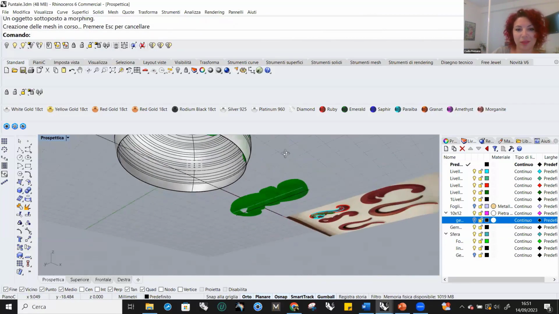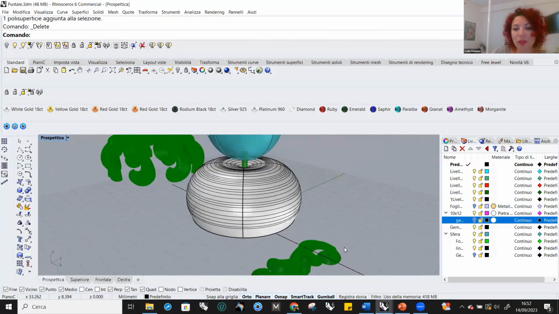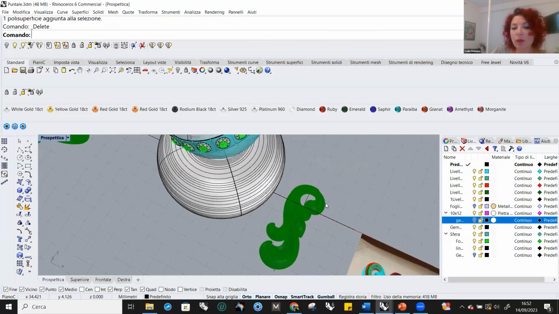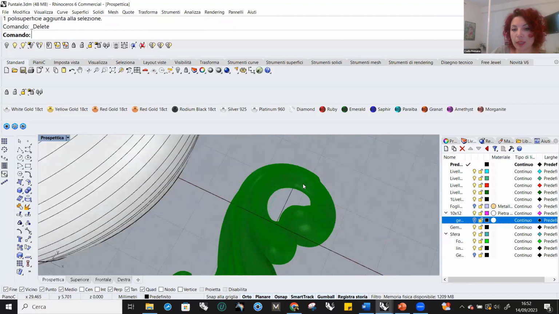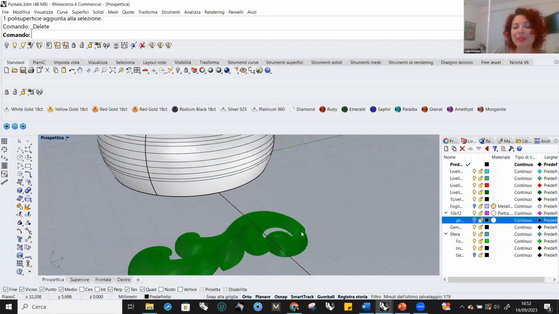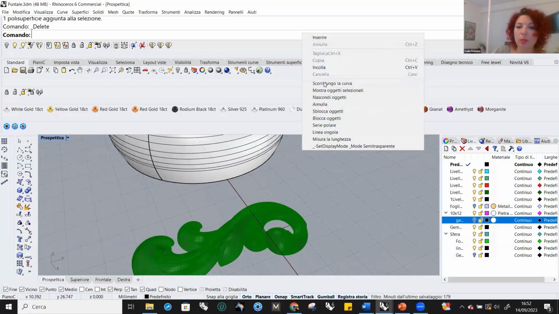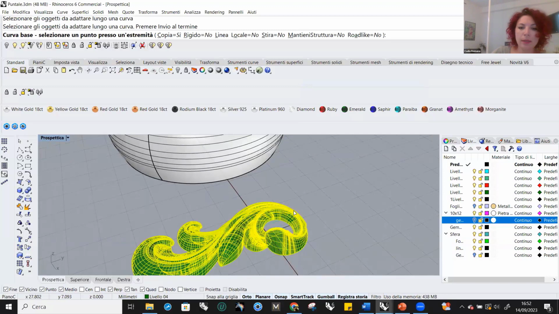Okay. Obviously in the wrong direction. I always work with the record history activated because I want to be able to modify the position during the project, because I have to understand if my idea about the first position is correct or not. Try again.